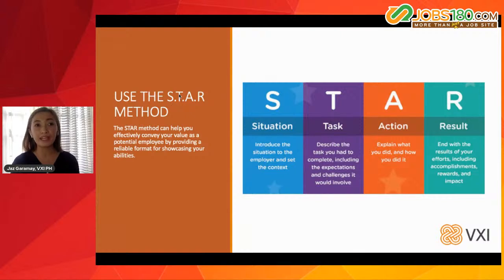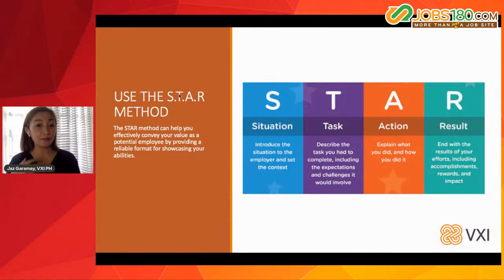In my previous job, I worked as a talent acquisition specialist. While applying here in VXI, I have to give an example of my accomplishments at my previous company. It's not to brag, but I have to show VXI that I'm capable of doing this.